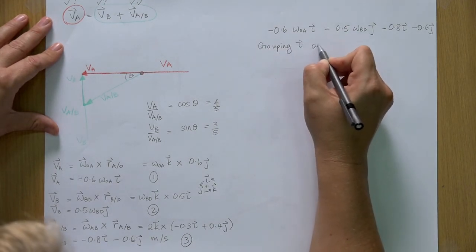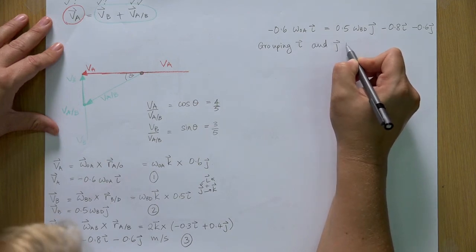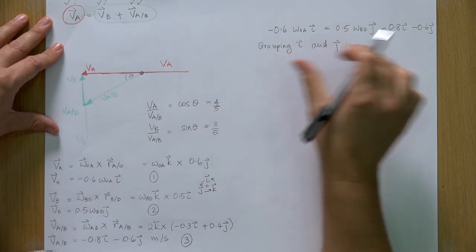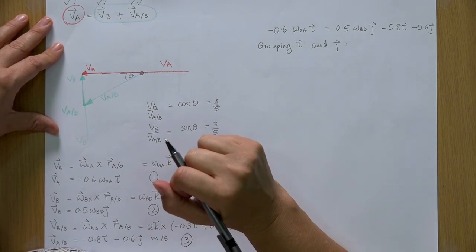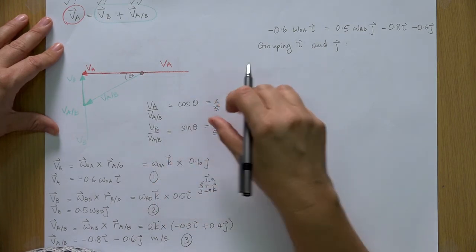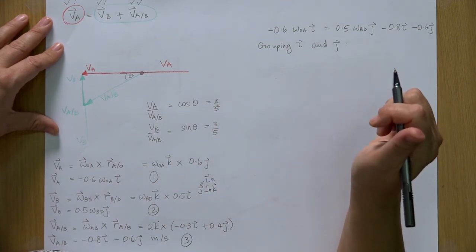Because this is a vector equation, the coefficients of I must independently satisfy the equality, and the coefficients of J must independently satisfy the equality.